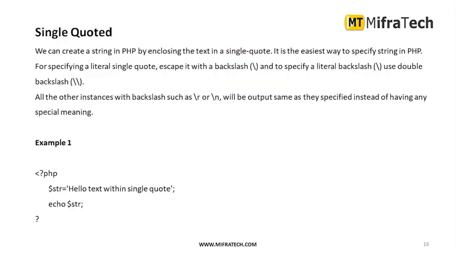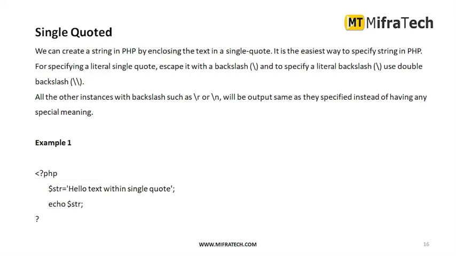Let's see single quoted. We can create a string in PHP by enclosing the text in single quotes. It is the easiest way to specify a string in PHP. For specifying a literal single quote, we escape it with a backslash, and to specify a literal backslash we use a double backslash.